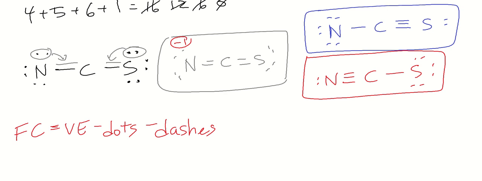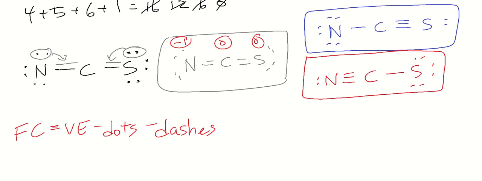The formal charge on the carbon is 4 valence electrons minus the 4 dashes, and that's going to be 0. The sulfur has 6 valence electrons minus the 4 dots, 6 minus 4 is 2, minus the 2 dashes, that's going to be 0. So the formal charge is 0.